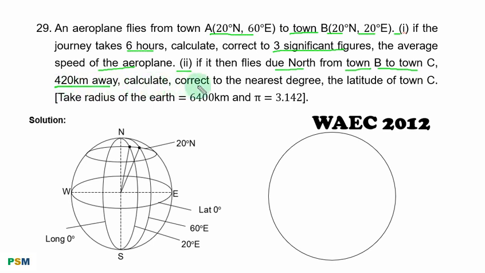Calculate correct to the nearest degree the latitude of town C. Take radius of the earth equal to 6,400 kilometers and pi equal to 3.142.